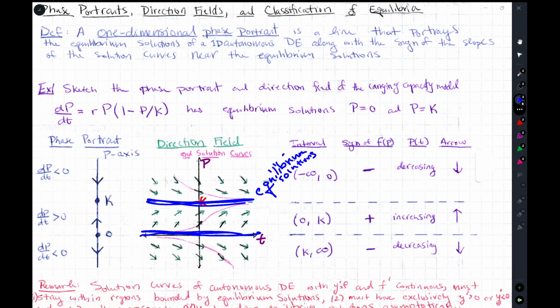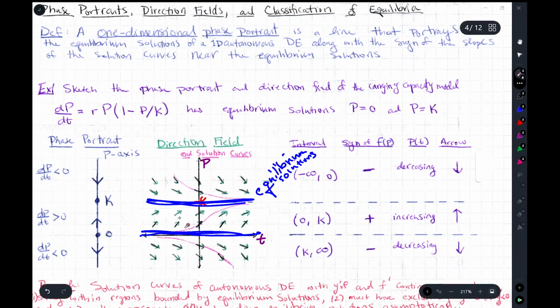This is where the slope is 0. This is where the slope is 0. And any solution curve that runs through that horizontal line will just be constant. So these are the solutions to our differential equation. They are constant, so we get these constant solutions that run horizontally.